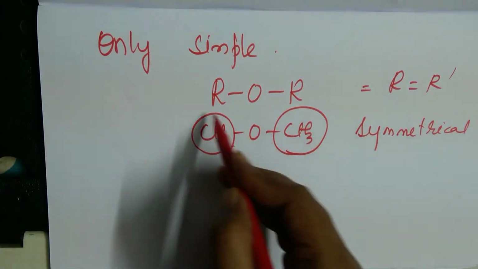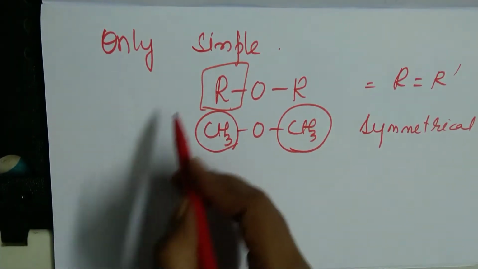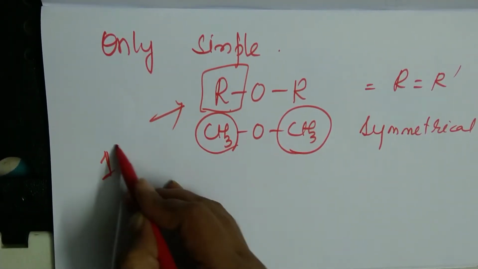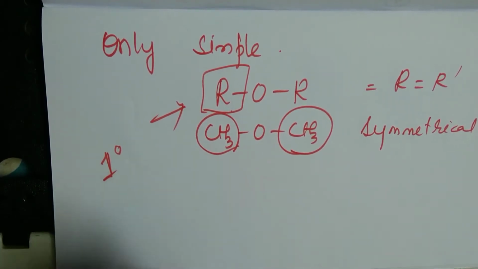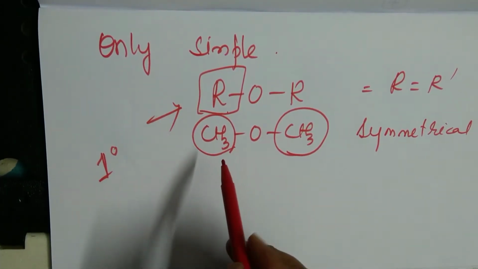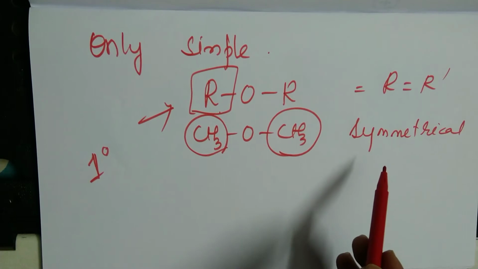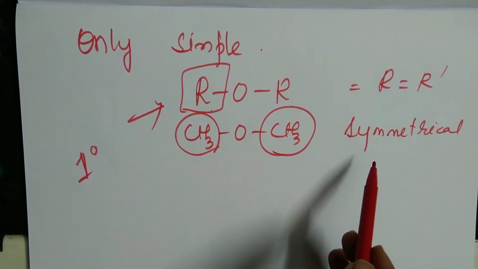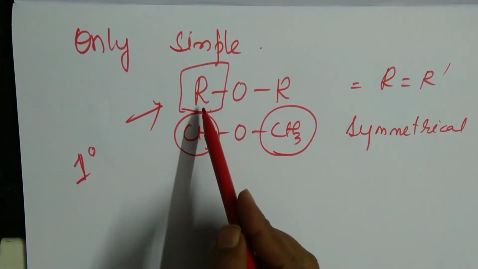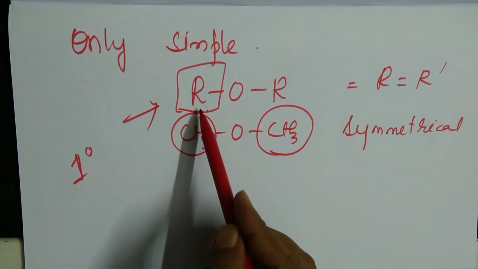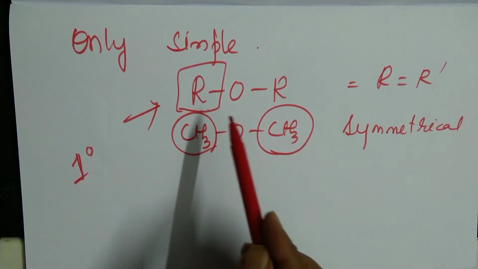And the R group used here should be only primary. So which type of ethers can be prepared? Very simple symmetrical ethers can be prepared by this method. If I want a secondary or tertiary group in the R, then we cannot go for this method.